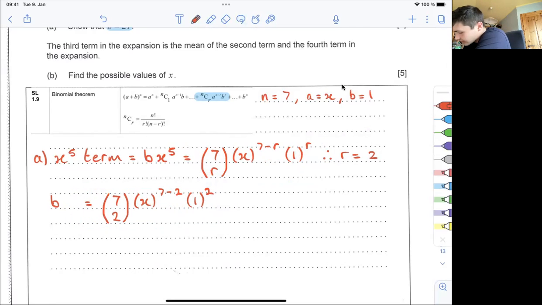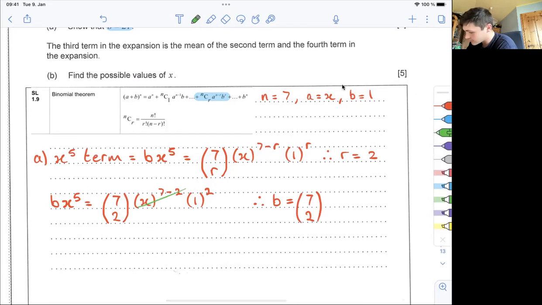I don't think you'd necessarily be marked wrong if you didn't put this in, but that's just to help with understanding. So therefore, b is going to equal 7C2. There we go. And we can even cancel out these terms, and 1 to the power of anything is just going to be 1.